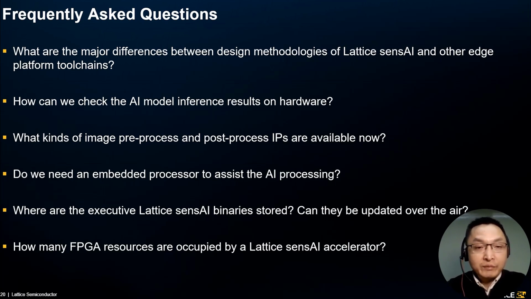The third question: what kind of image pre-processing and post-processing IPs are available now? For the pre-processing, some IPs such as video input and output interfaces, video scaler, debayer, color correction, and so on can be found in the Radiant tool.